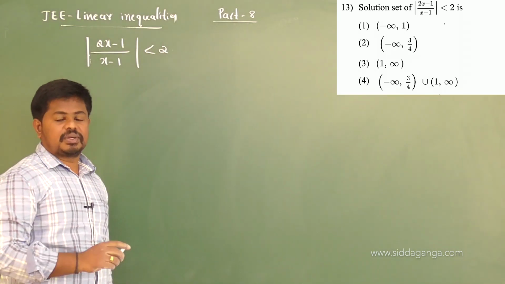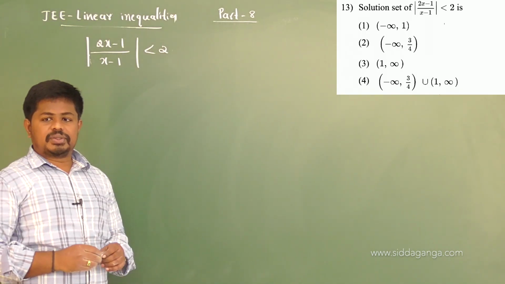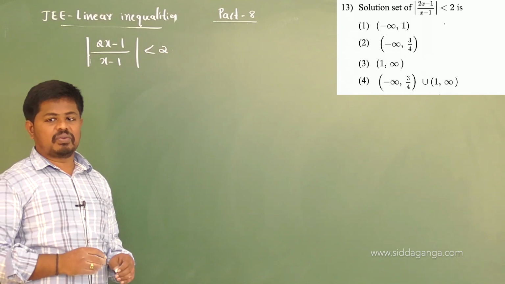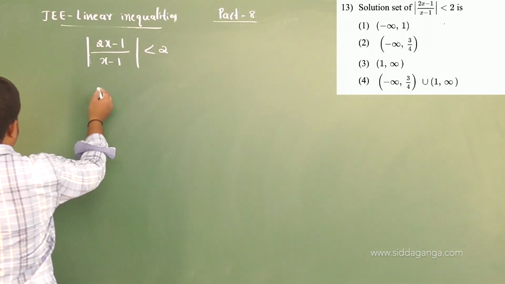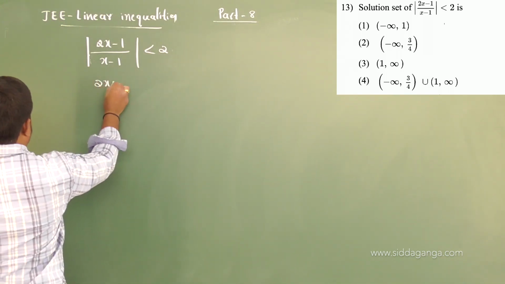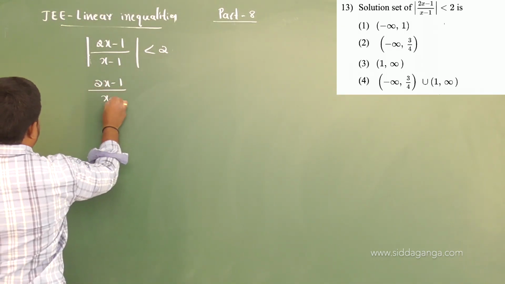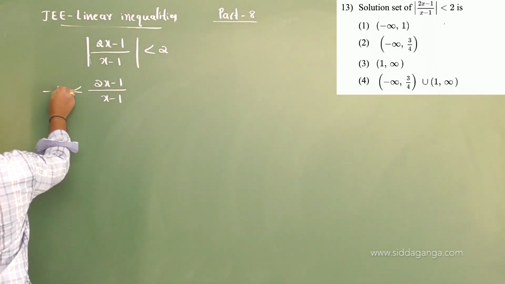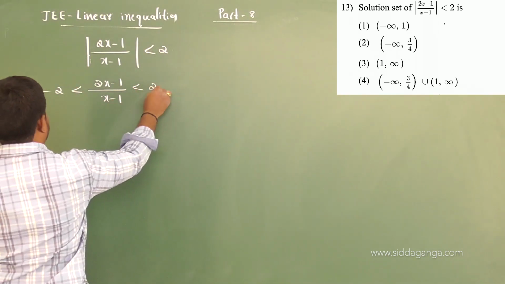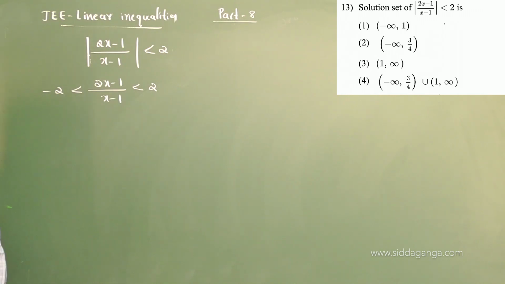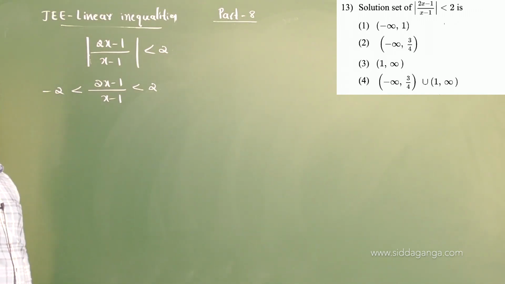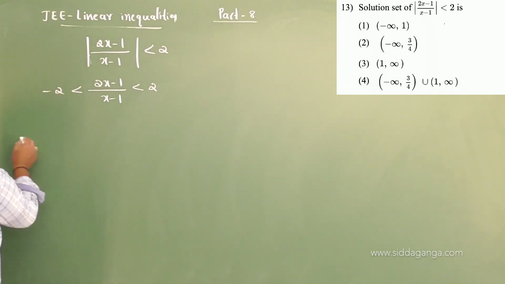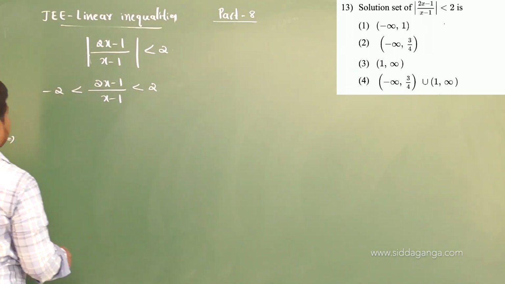Modulus of 2x minus 1 divided by x minus 1 is less than 2 for what values of x among the 4 options. Okay, let me rewrite this as 2x minus 1 by x minus 1 greater than minus 2 and less than plus 2 using the result mod x less than a, then x is greater than minus a and less than plus a. Let me solve the two cases here.